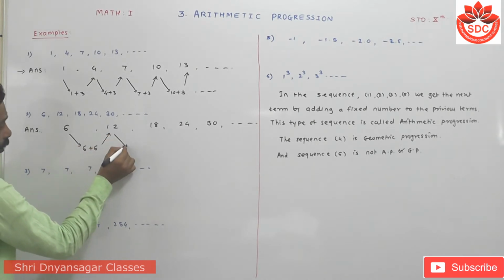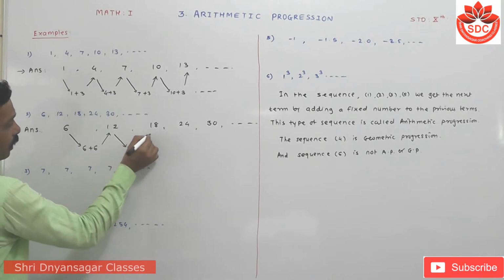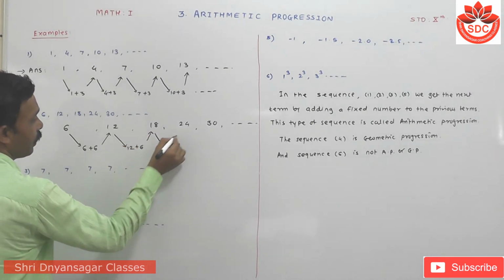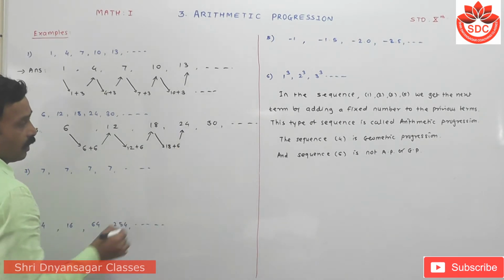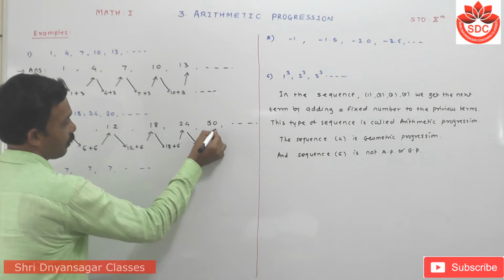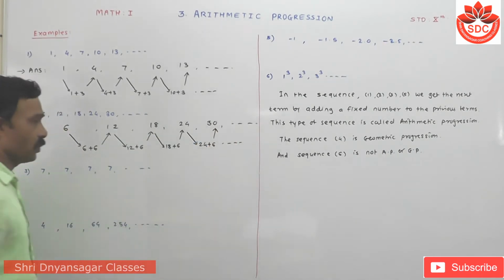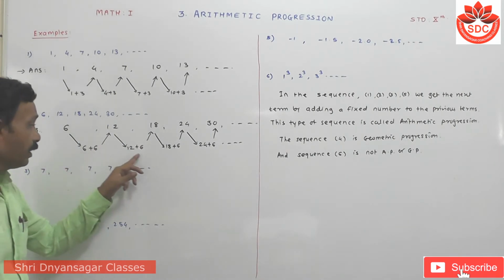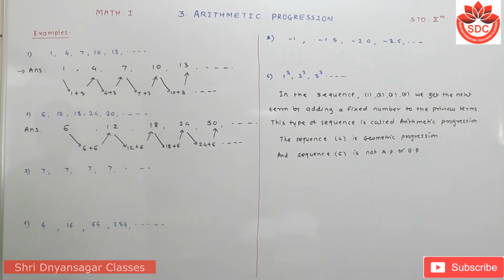Adding 6 to 12 we get 18. Adding 6 we get 24. Adding 6 we get 30, and so on. This means we add 6 to the previous term to get the next term.